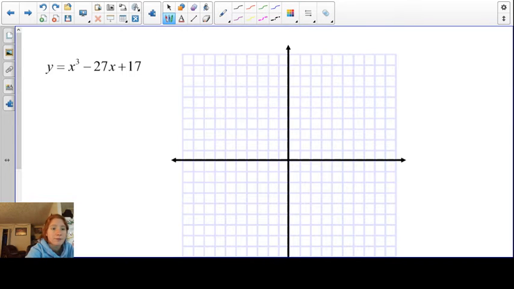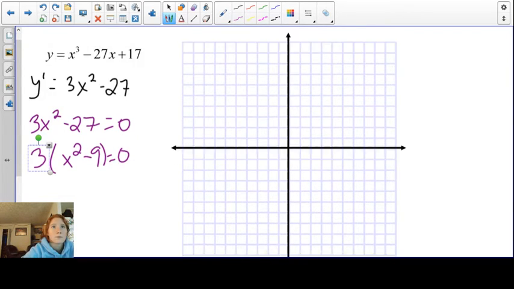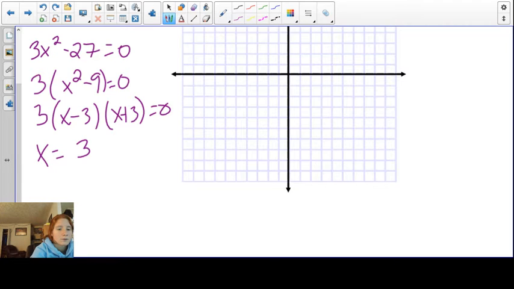Remember, start with your derivative. All right, I got my 2 critical points. Woohoo!